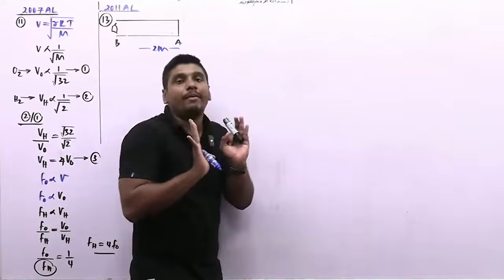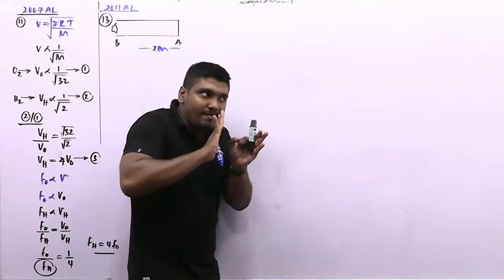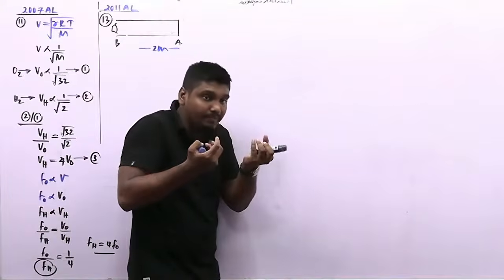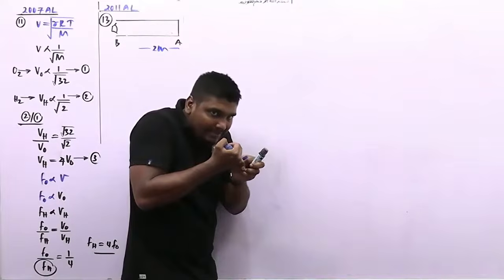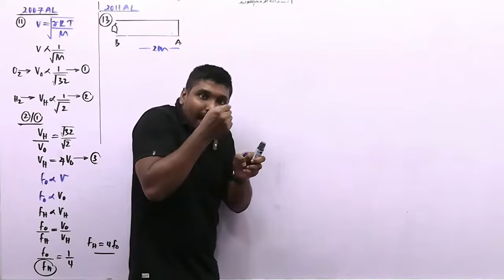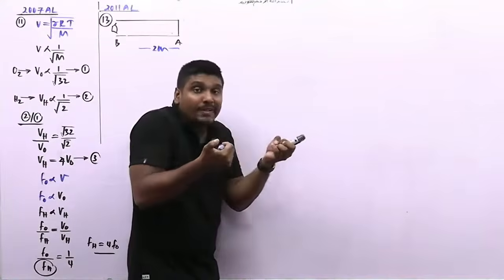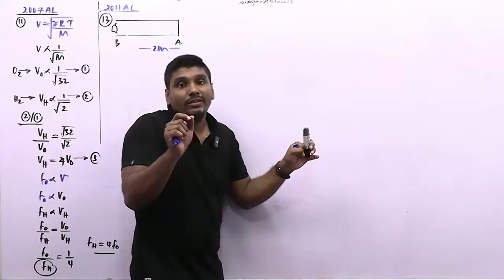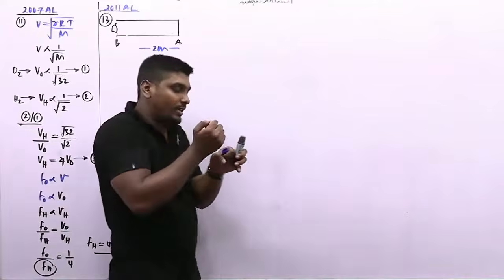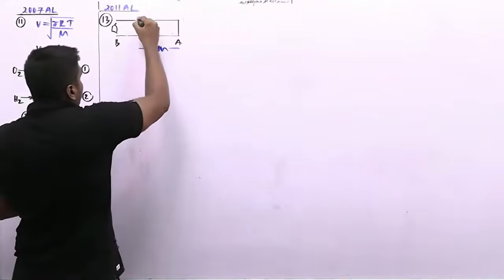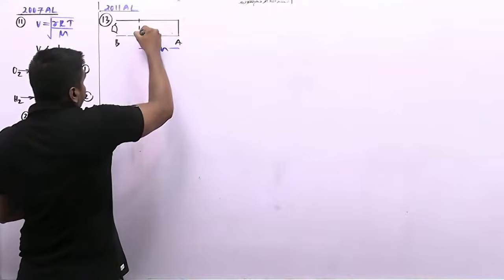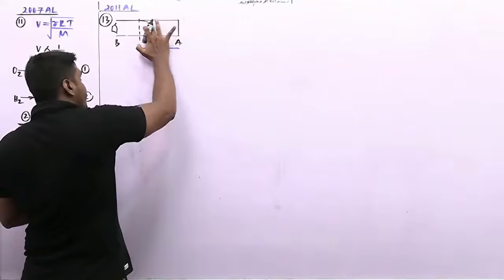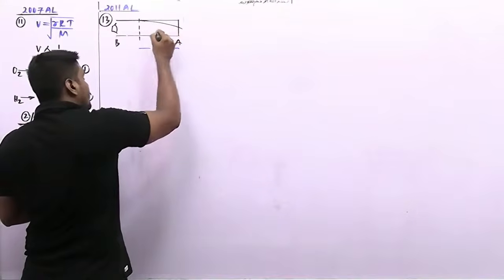Pressure minimum means what can you say about the medium particle vibration displacement? Maximum. Displacement maximum means exactly at 2 meters from the wall there must be a displacement antinode. If I draw the standing wave pattern, it's going to be like this. Clear, right?